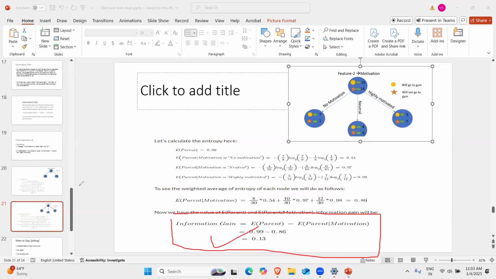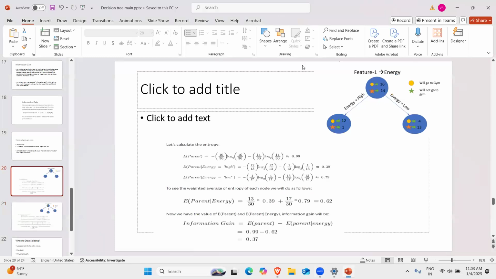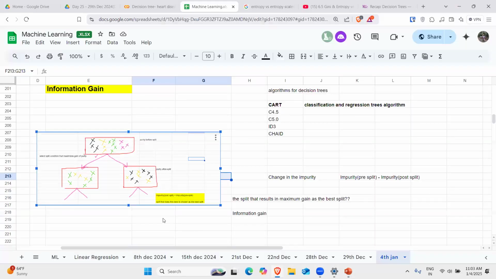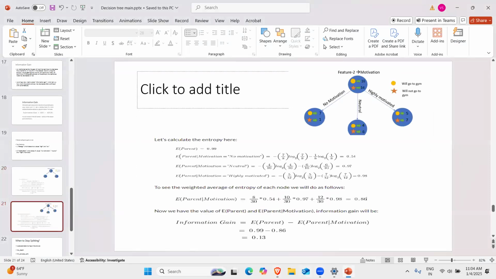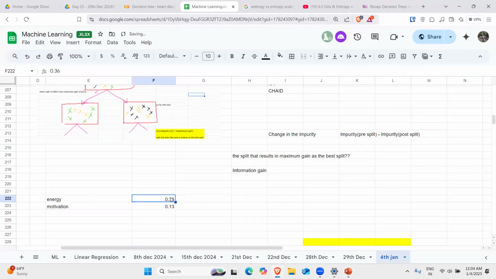If I select energy as a split, I'm getting 0.37 as the information gain. If I select motivation, it was 0.13, right? So which feature should we select to go for the splitting?